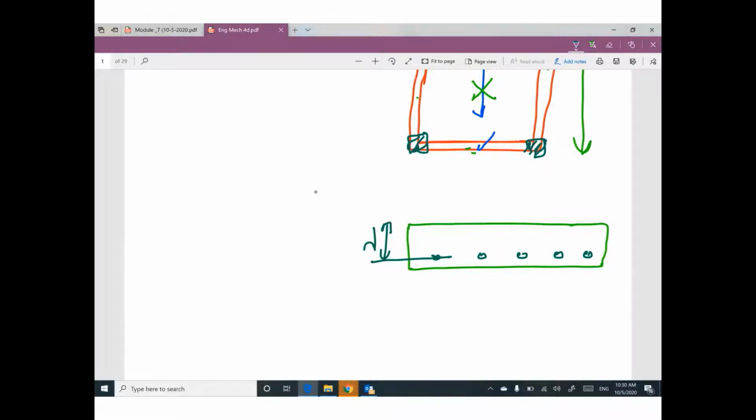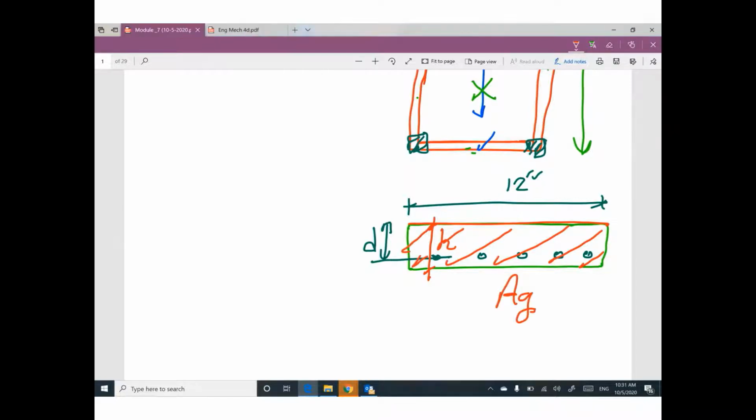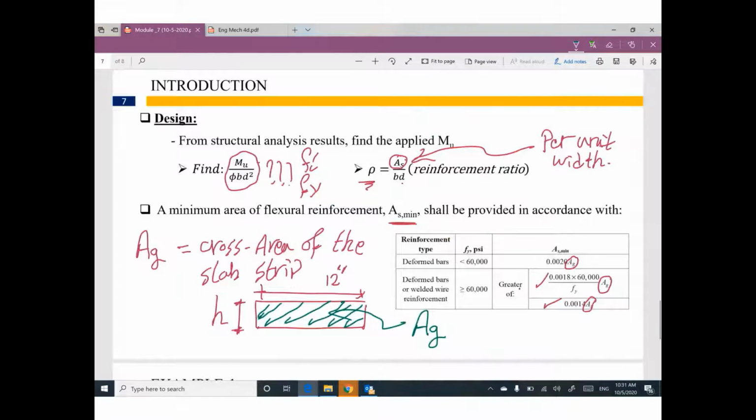If you multiply depth by unit width, it will not be the area gross. But he is talking about area gross, which means the whole thickness times the width, the whole area. So when you are figuring out the minimum area steel required according to ACI, please, we are using the area gross, the whole cross-section area. If you are using a steel reinforcement with 50,000 F yield, for example, that means your area steel minimum will be this one.